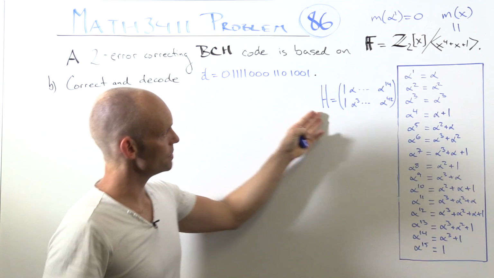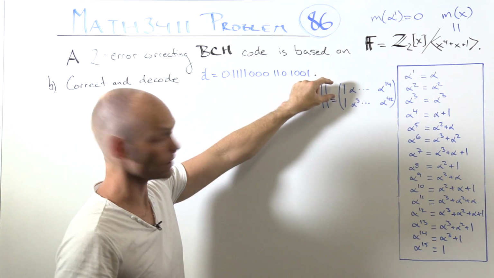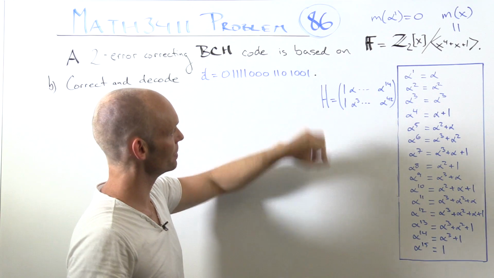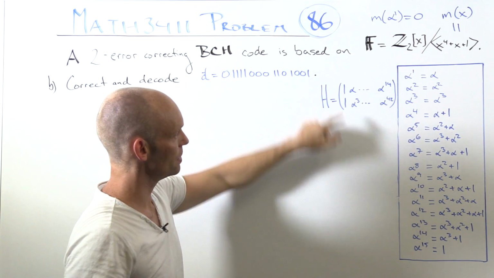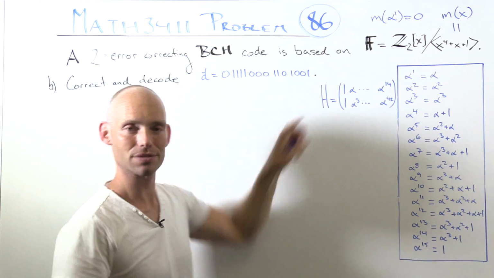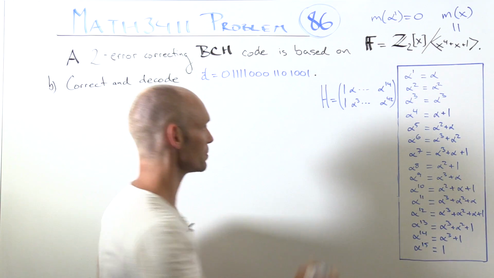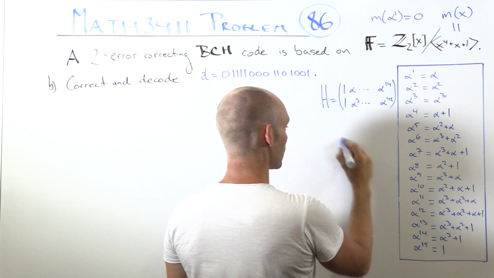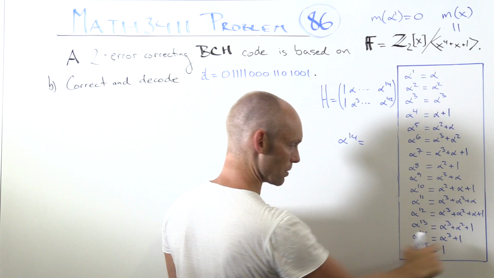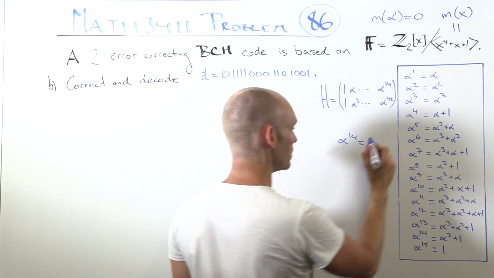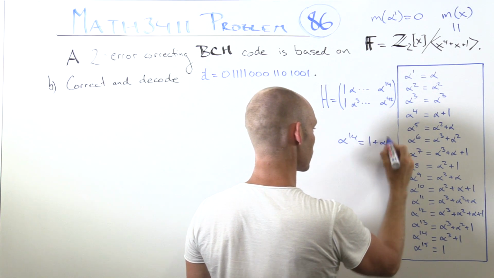So this is really sort of like two Hamming codes at once. We've got the top row and the second row, and you can consider each of these rows as really 4 rows of binary entries. For instance, alpha to the power of 14 is equal to 1 plus alpha to the power of 3.